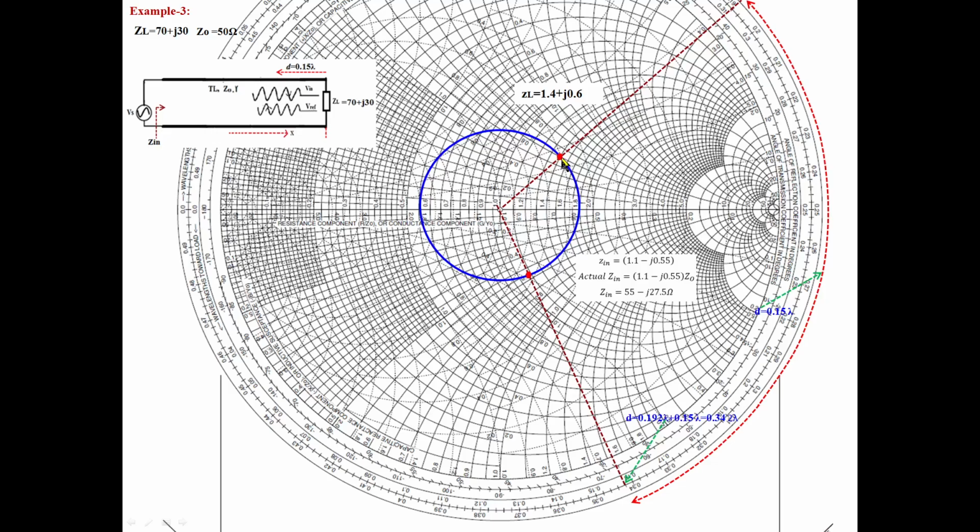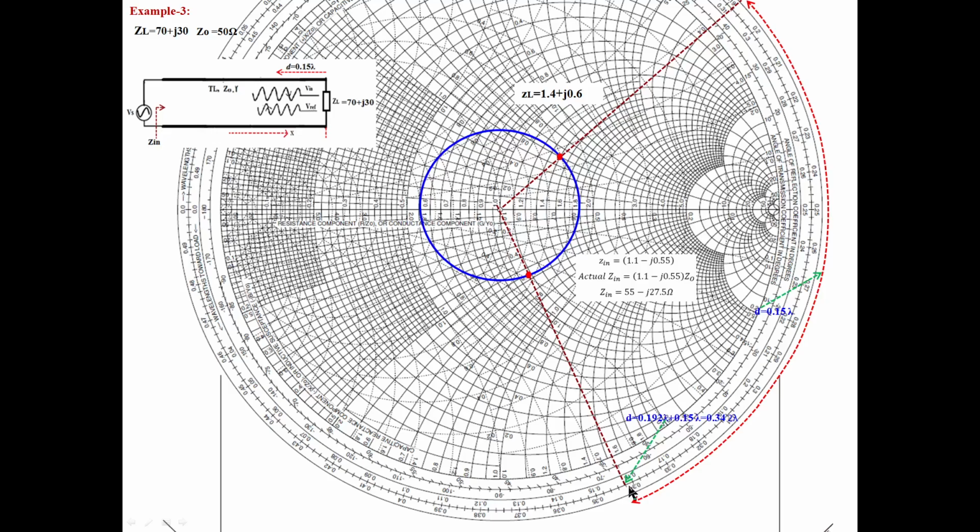So what we did: from the load point, we traveled a distance of 0.15 lambda to reach this. That is 15 divisions; you have to move from here to here, 15. How can we do it? To the previous reading 0.192, you add 0.15 lambda. Starting from 0.192, you stop at 0.342 here.